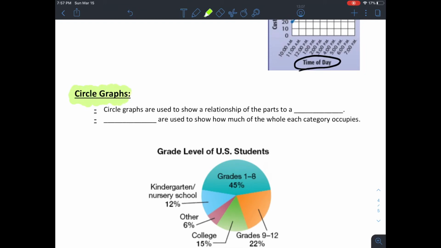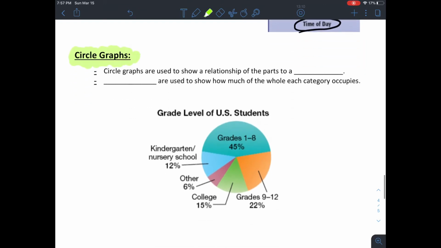Last, we have circle graphs. So circle graphs are used to show the relationship of the parts to a whole. Because it's the part to whole relationship, it's very easy to see percentages when broken down this way. For example, we have grade level of U.S. students.